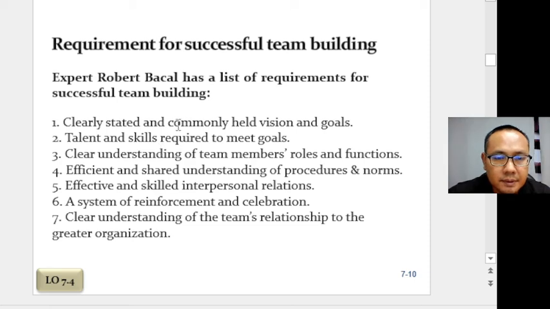Not only from him, maybe you can refer to other scholars or practitioners who list how to develop successful team building. But particularly in this context, we try to focus on the operations management subject. Okay.